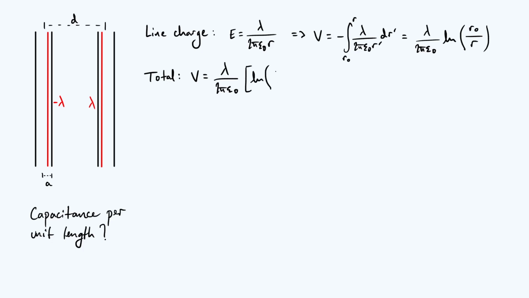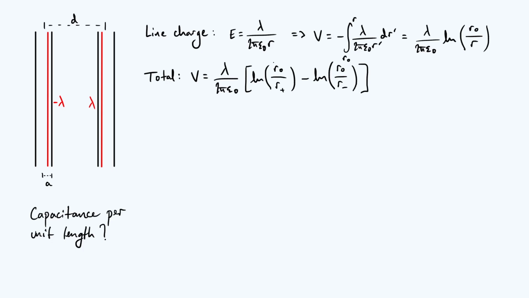So natural log of r naught over r plus, where r plus is the distance to your positively charged line charge, in other words, the one on the right. Then we're going to subtract the natural log term from the other line charge, subtract because it's negative, has the opposite sign. So we're going to subtract ln of r naught over r minus, where as you can probably figure out, r minus is the distance to the negatively charged line charge.